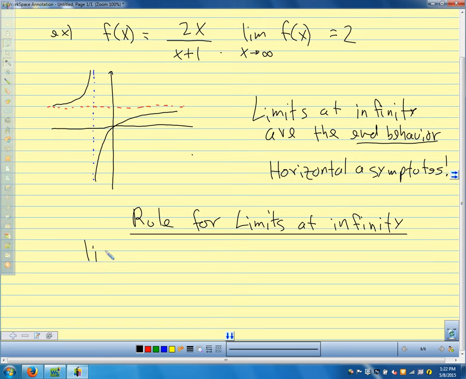The limit as x approaches plus or minus infinity of 1 over x to the n power equals, and before we write this down, let's think about this. If I divide 1 by a really, really big number, what happens? It gets really, really small. So this limit is going to be 0. And n is a positive real number.